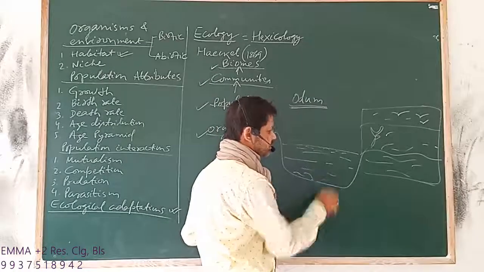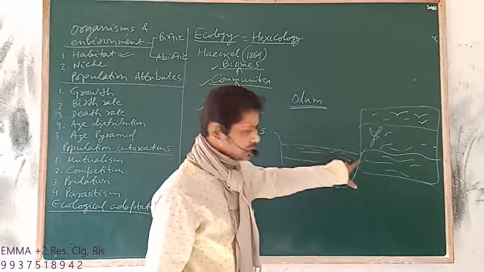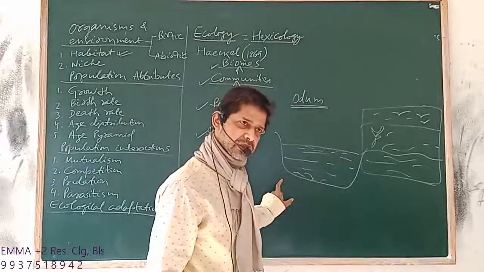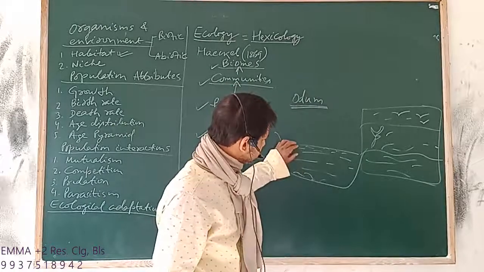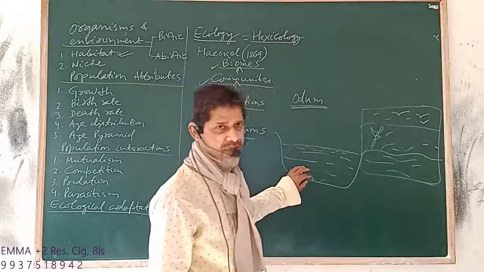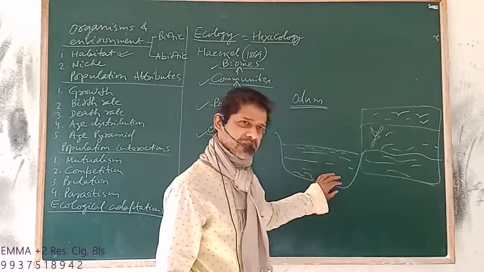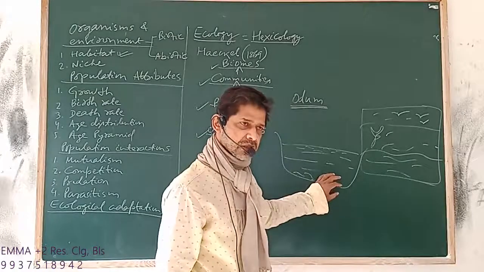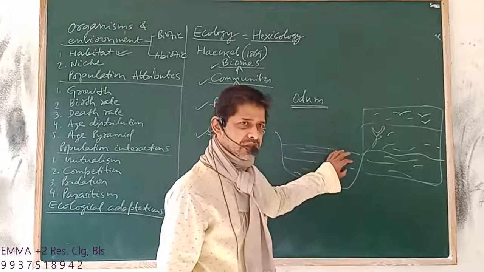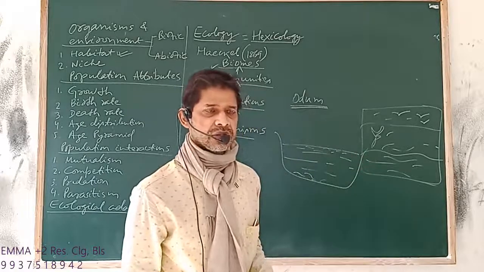They are basically bottom dwellers. So the entire pond may be a habitat, but small specific locations are called microhabitats. So pond bottom is a microhabitat. Surface water is a microhabitat. Entirely it is a habitat.